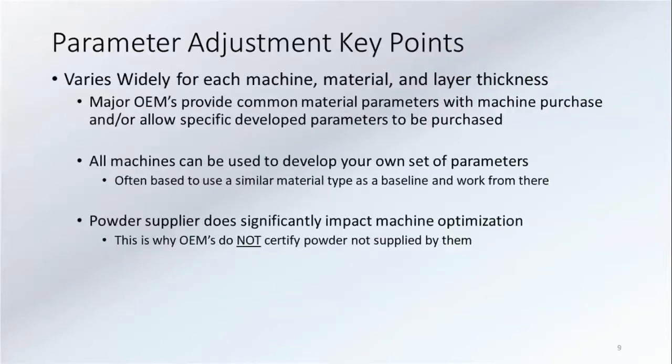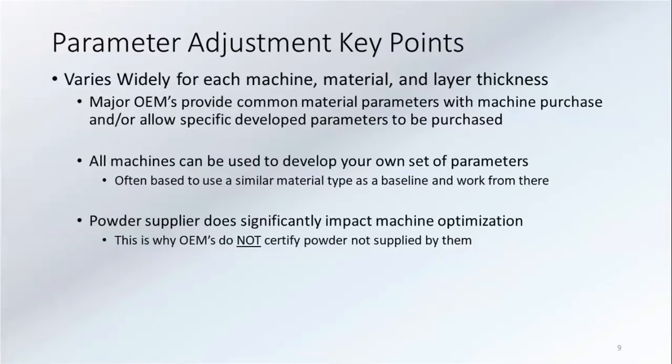All right, so key points: some of this is going to vary widely. Each machine, each material, and each layer thickness is going to have a unique set of parameters, dictated by the mechanics of the machine and all the details of how it's built. There are crossover studies where we try to take one laser parameter setting and build it on another machine, and that comes with a lot of headache.